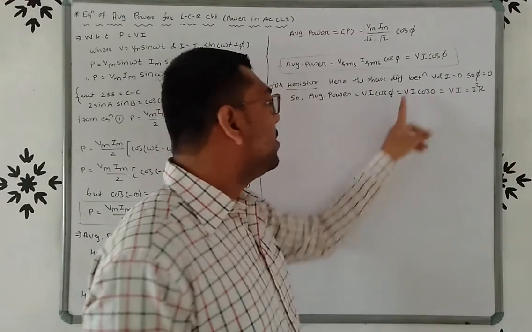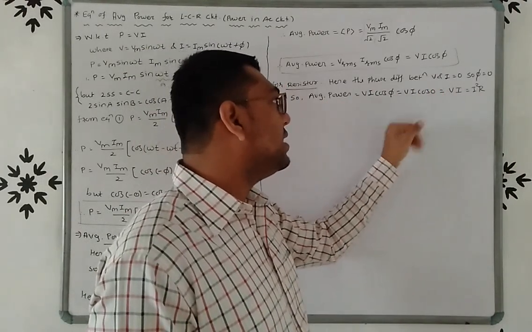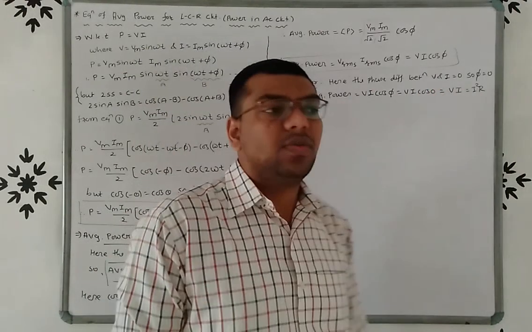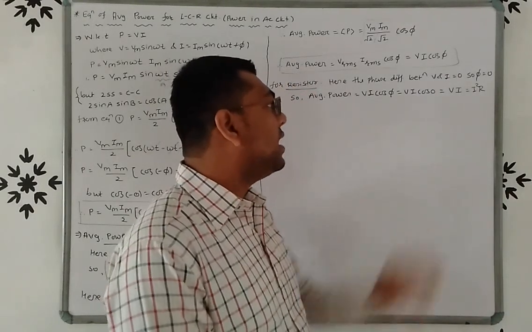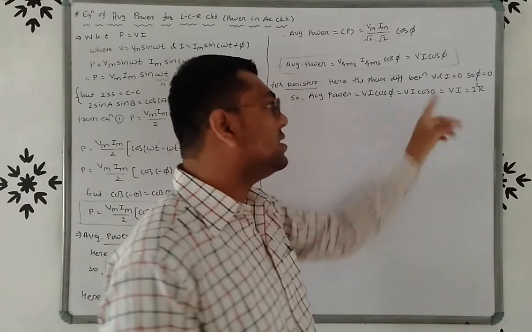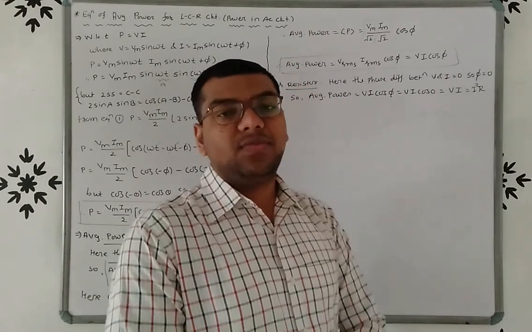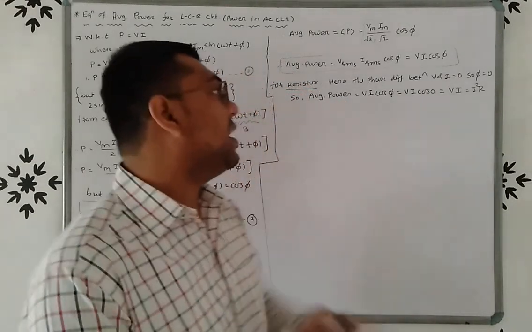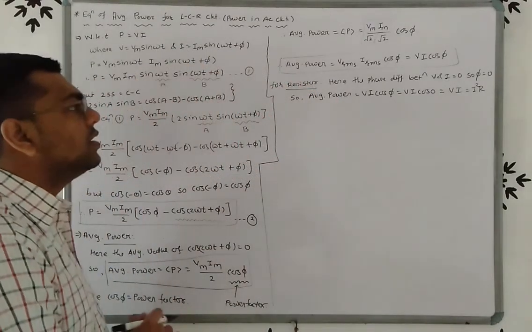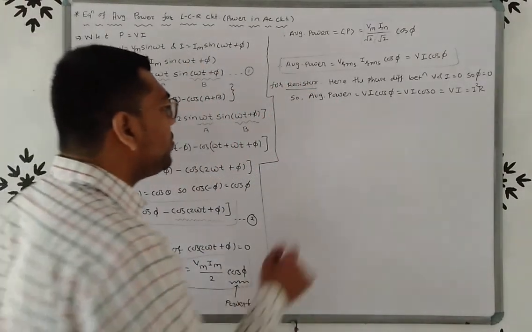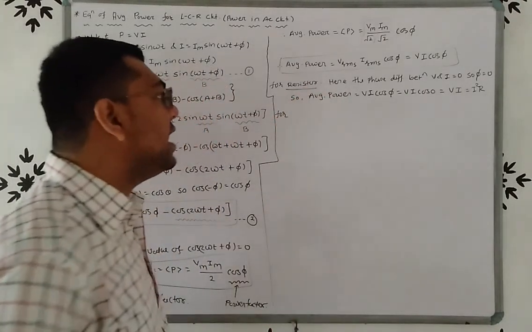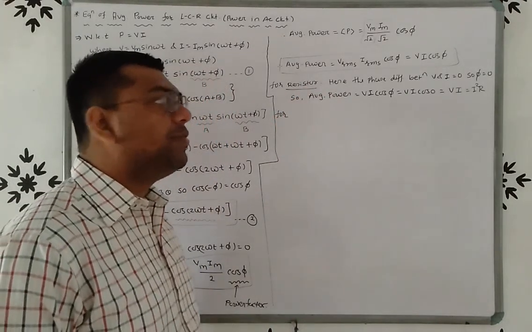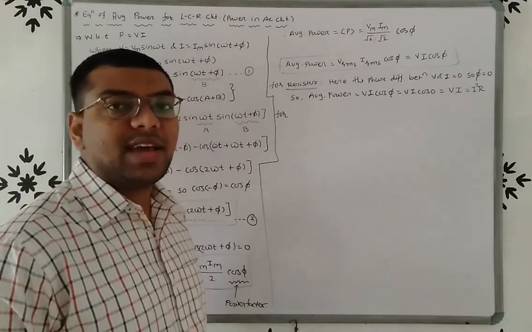So VI, where the value of phi is equal to 0. So cos 0, we know, is equal to 1, right? So average power is equal to VI, or if you take V is equal to IR, so I square R, right? Now for a resistor we find the average power is equal to VI, or you can say I square R.